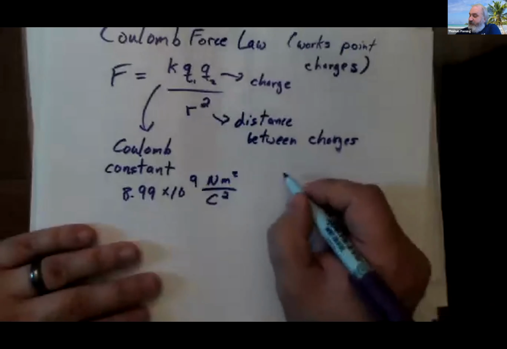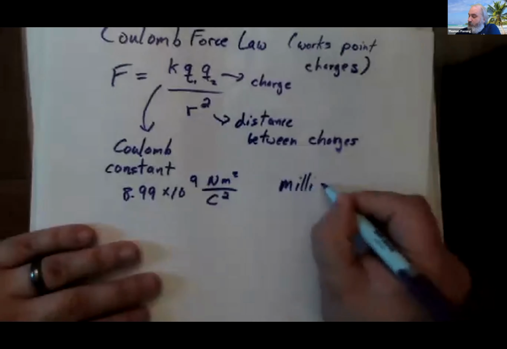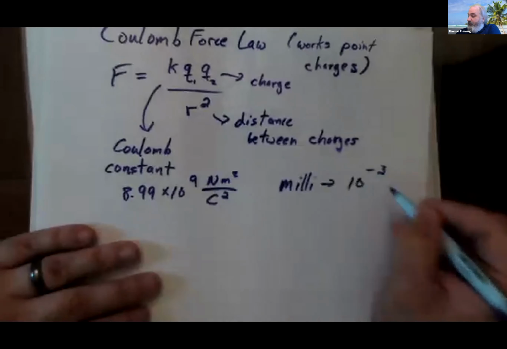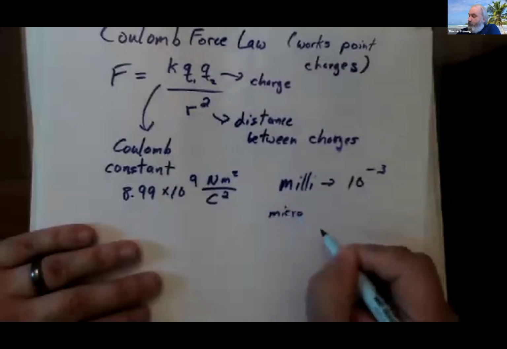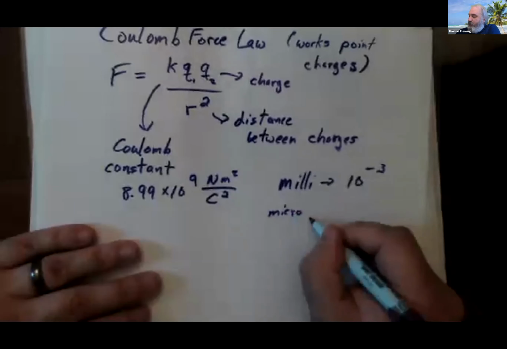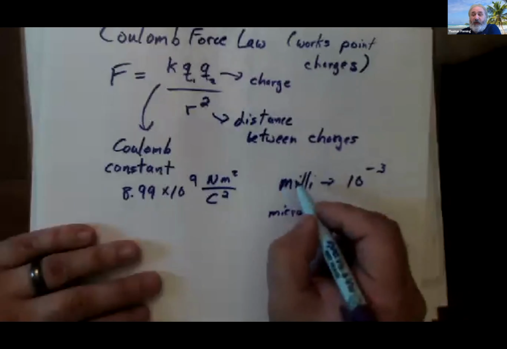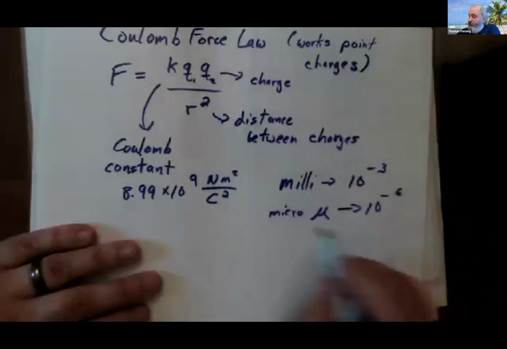The ones like milli, you mostly already know. That means 1,000th or 10 to the minus 3. But there's also micro, and of course, micro is given by the Greek letter mu as the prefix, whereas milli is just lowercase m. Micro is 10 to the negative 6th.